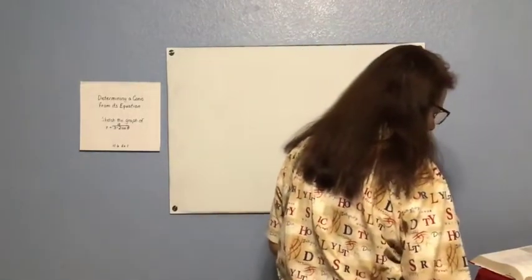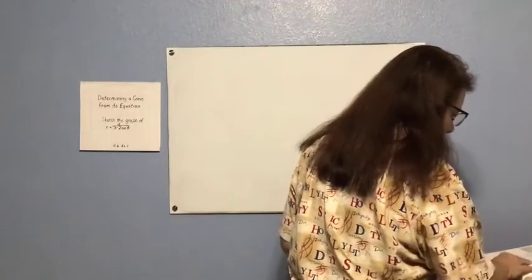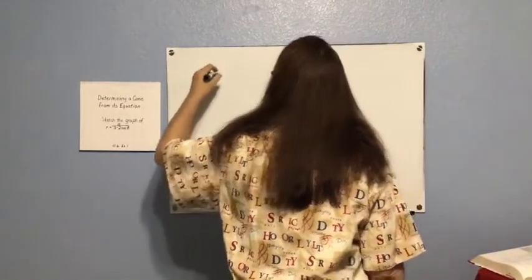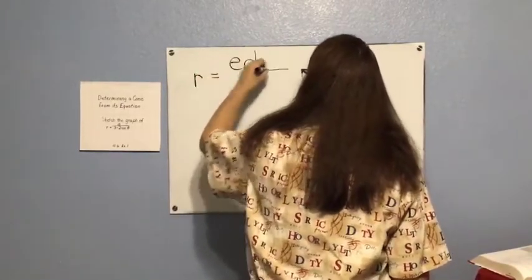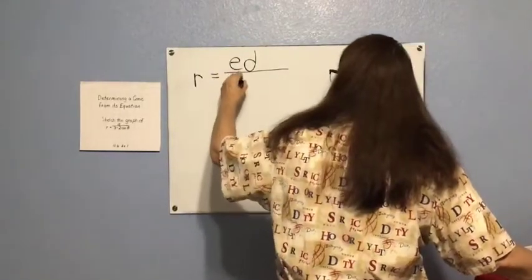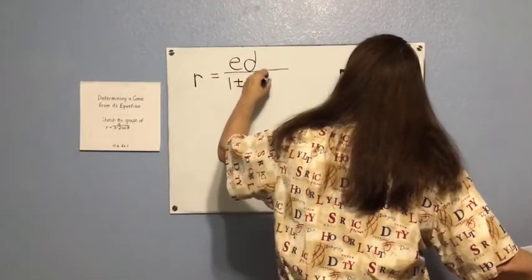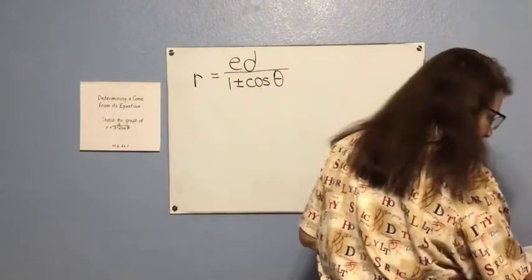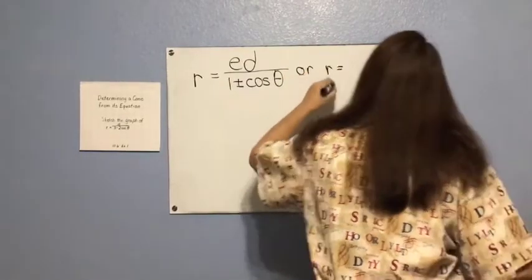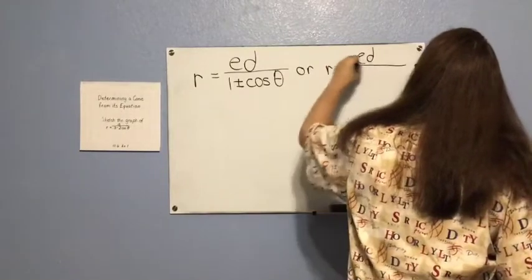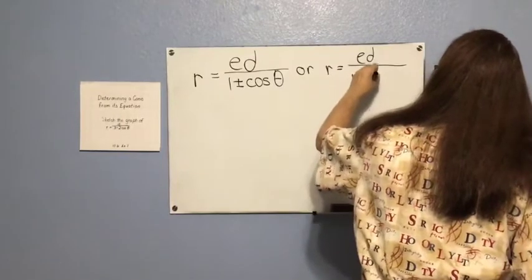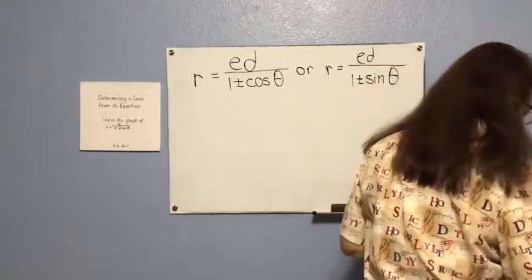In polar coordinates, I have basically two equations. r is equal to ed over 1 plus or minus cosine theta, or the other equation that I might have is r is equal to ed over 1 plus or minus sine theta.